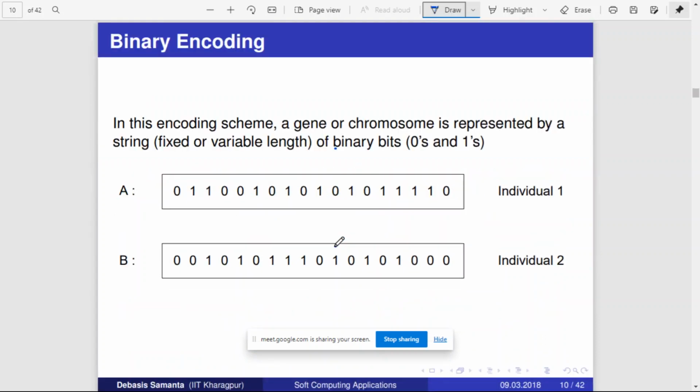As we have already discussed, in binary encoding, the gene or chromosome is represented by a combination of zeros and ones. For example, this is individual 1, one possible solution represented like this, and this is individual 2.